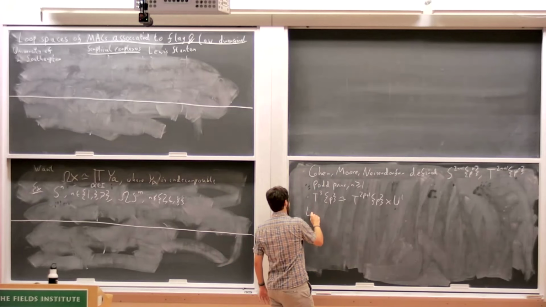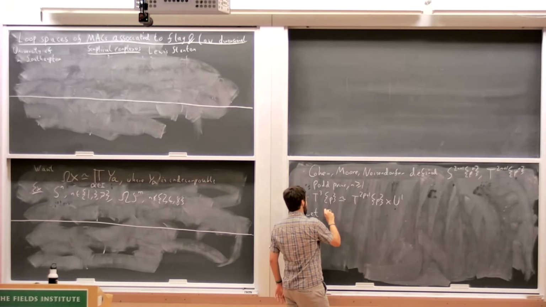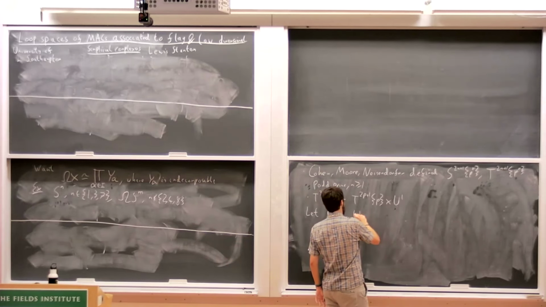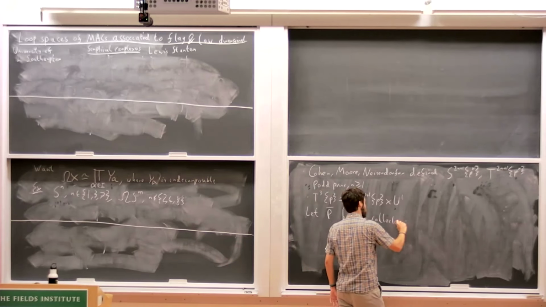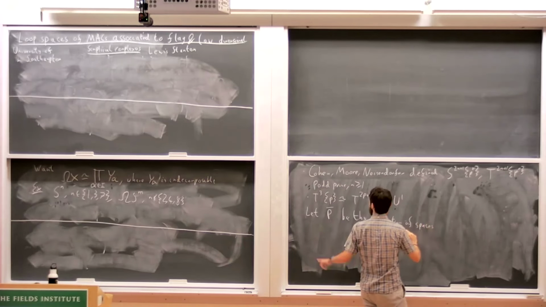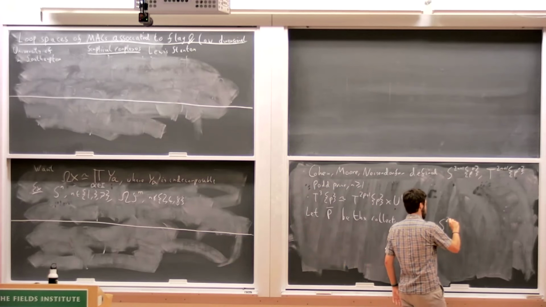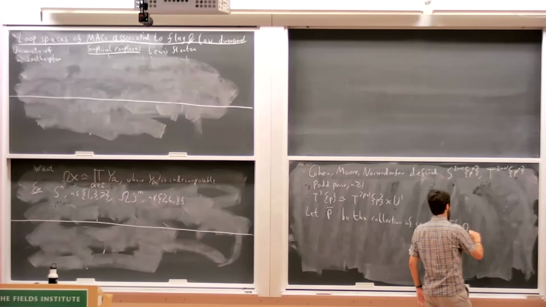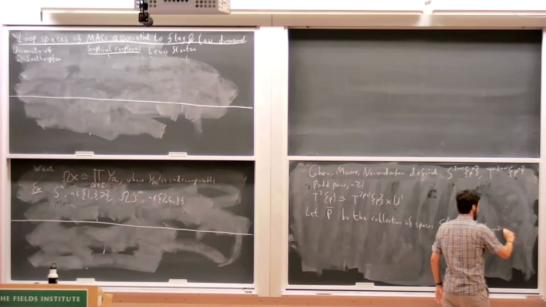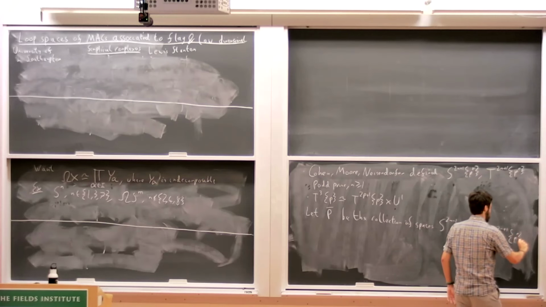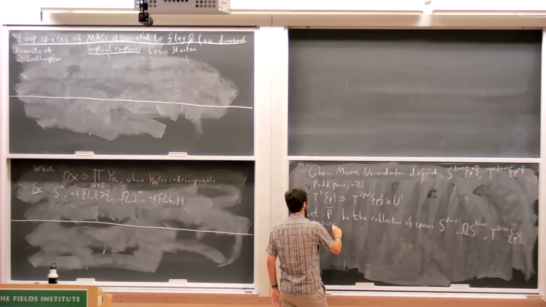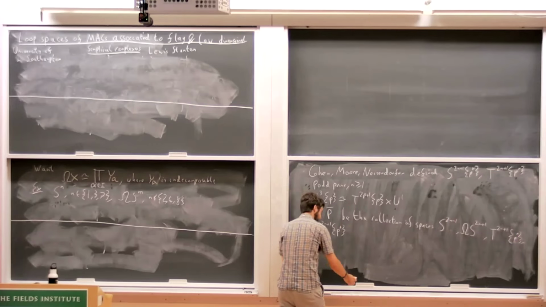But the point is, just to set up some notation, we're going to define a collection of spaces P bar to be the collection of spaces, so I'm going to add in some more spheres in here, but I'll explain that in a second, which will be odd dimensional spheres, loops on even dimensional spheres, these indecomposable T spaces, and also these S spaces, p^r.